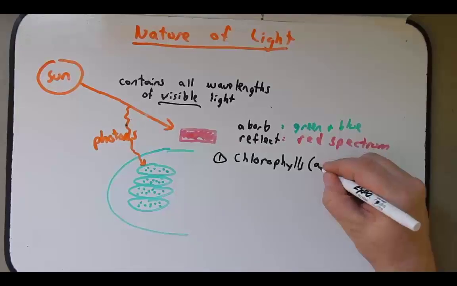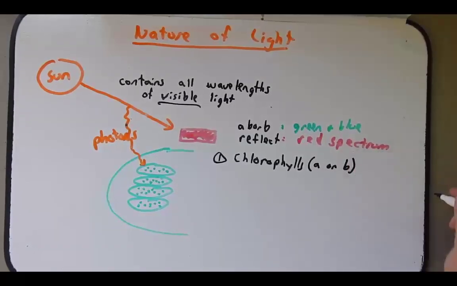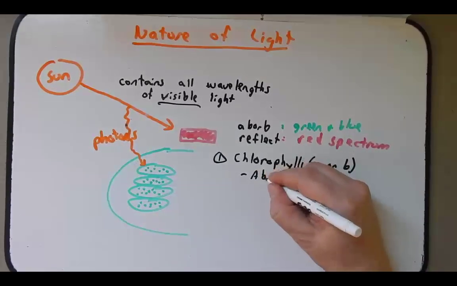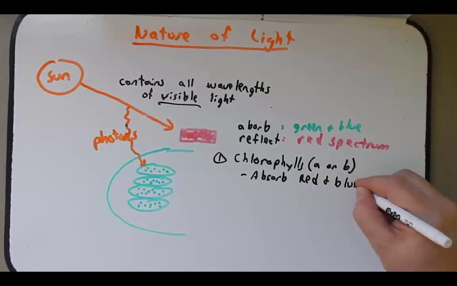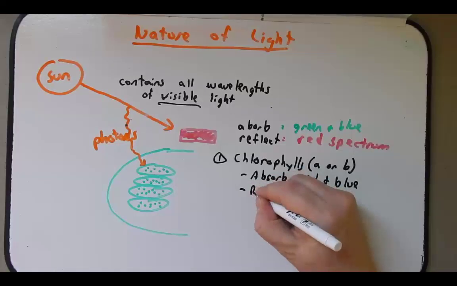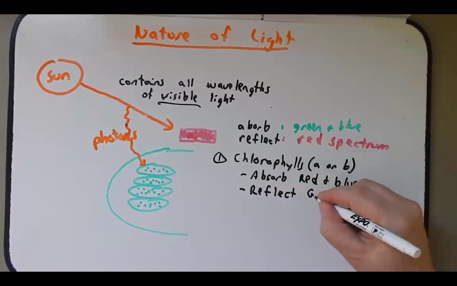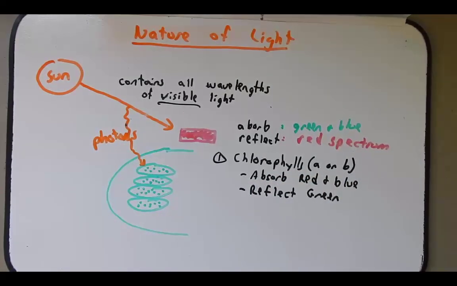These can either be A or B chlorophyll. They absorb light that is in the red and blue spectrum, and they reflect green light, which is why when you see most plants, they have a green appearance to them. It's because of the pigment chlorophyll.